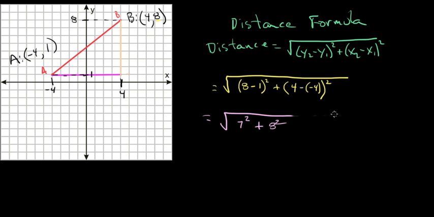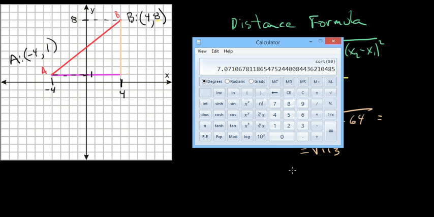So we'll get rid of all that excess. And let's go to the next one, which is square root of 49 plus 8 squared is 64. And 49 plus 64 is 113. So this is the square root of 113. So, once again, take out our calculator.